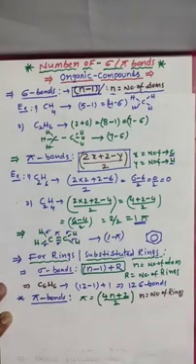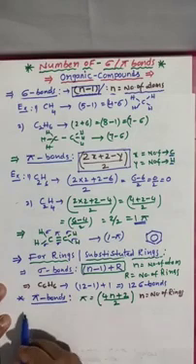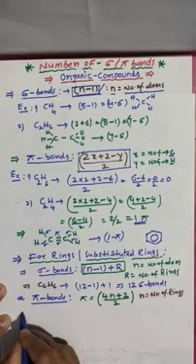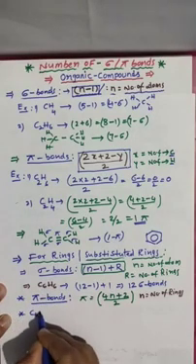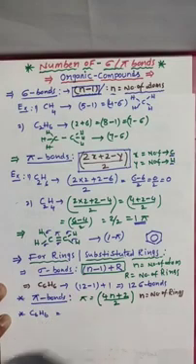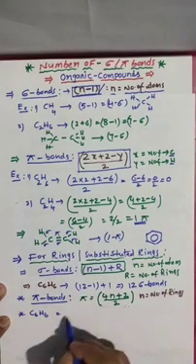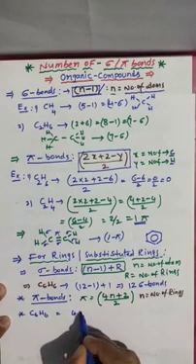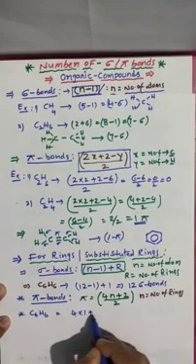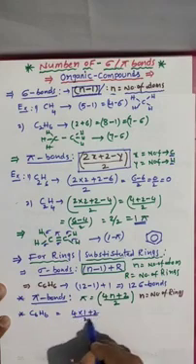And now the same for benzene, C6H6, you calculate. 4n means 4 into n, 1, plus 2 by 2.